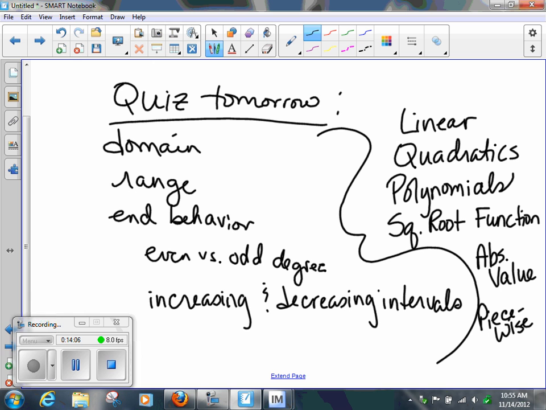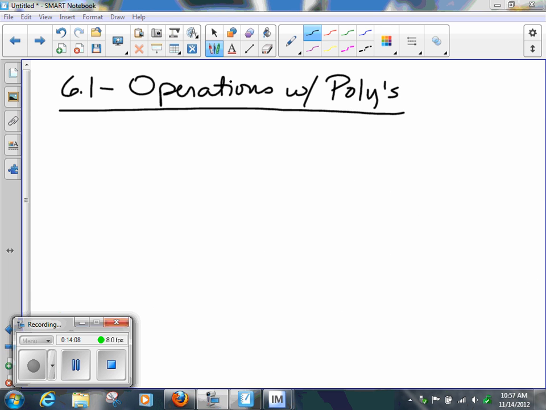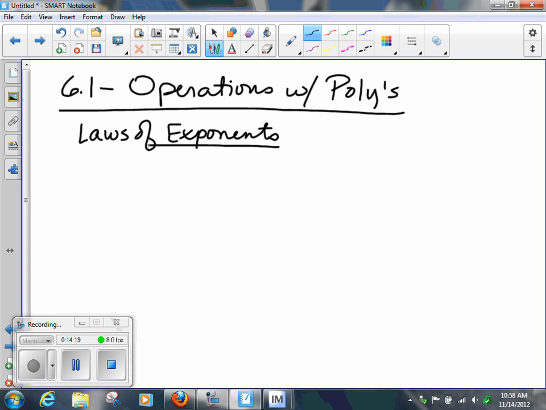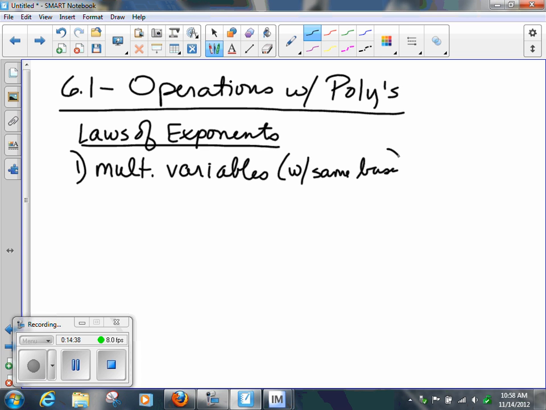Folks, just to review this, you need to remember your rules of exponents, laws of exponents. This is just a review. You should already know these. When you multiply variables with the same base, you add their exponents.